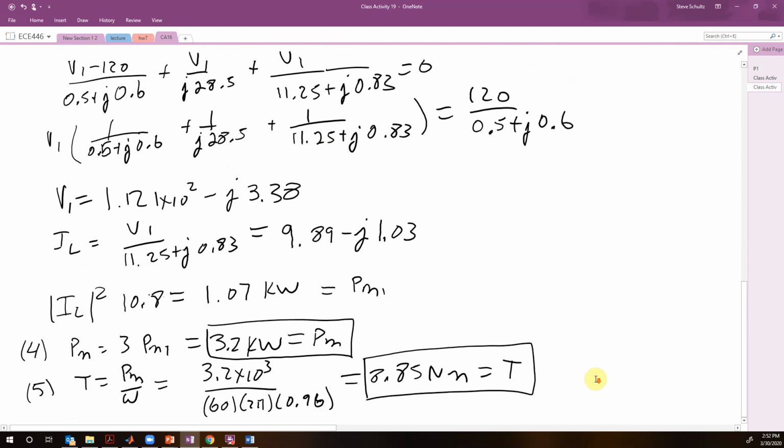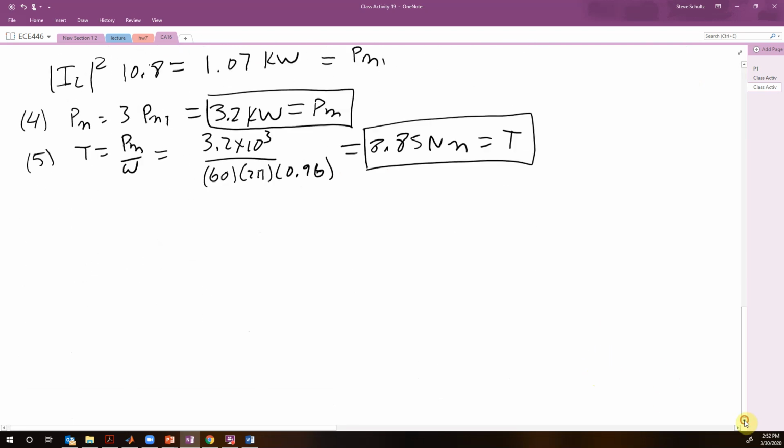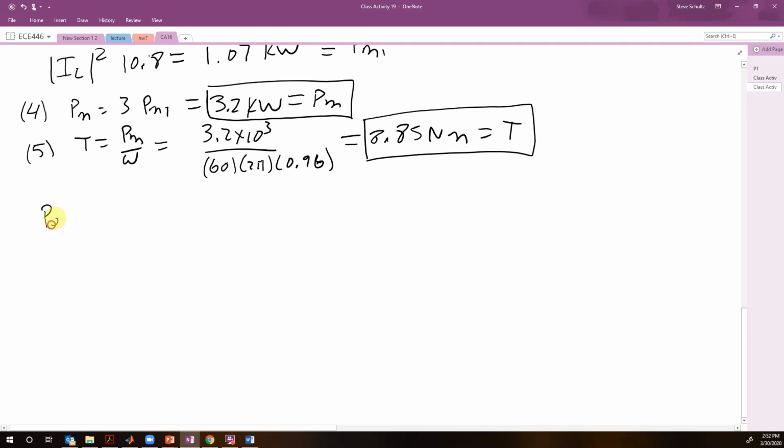So our efficiency is just going to be our total power. My P electrical, we'll call it S, is going to be equal to 3 times my V line to neutral magnitude squared, because I have 3 phases, V squared over Z conjugate.